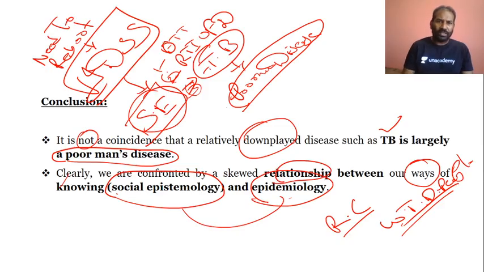All these are silent epidemics. So this is the need of the hour for the government of India: to reboot India's disease surveillance system.